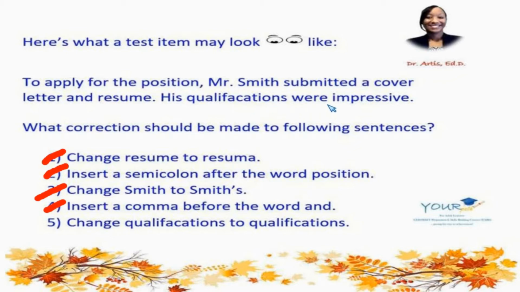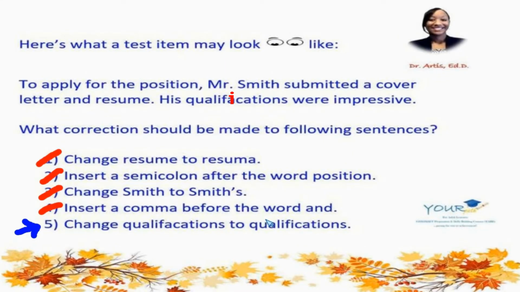His qualifications were impressive. So here we do have the misspelling of the word qualifications, and this here is the correct spelling of the word qualifications. You do want an I instead of an A. And so we're going to select option number 5 as the correct choice. In terms of answering our question, which again states, what correction should be made to the following sentences? Option number 5 is the correct choice.